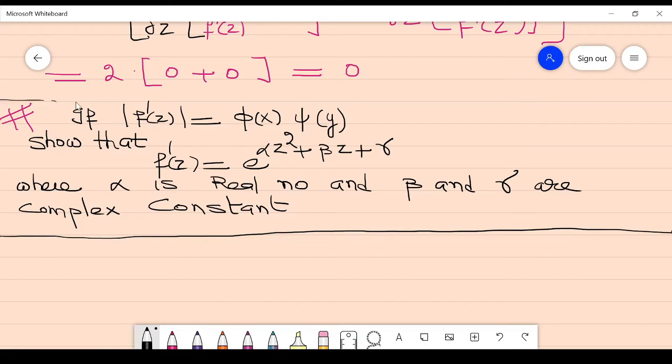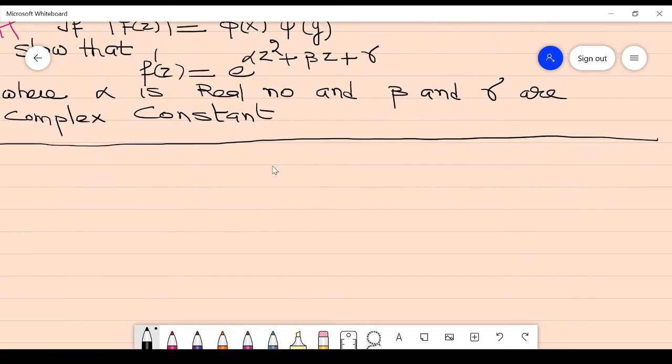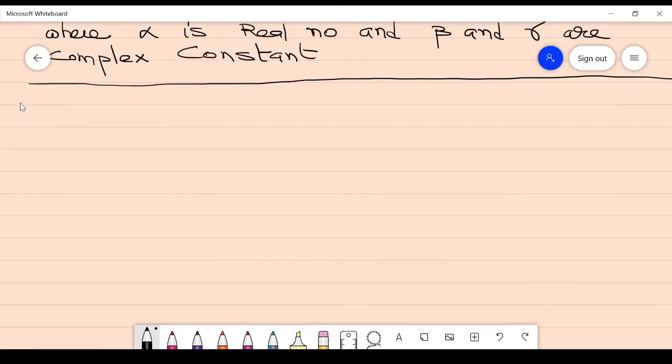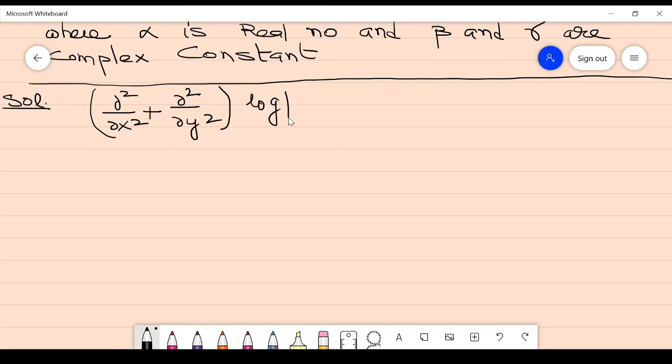Now this previous question will be used in this equation. From the previous question we find that the solution is ∂²/∂x² plus ∂²/∂y² into log of |f'(z)| equals 0.